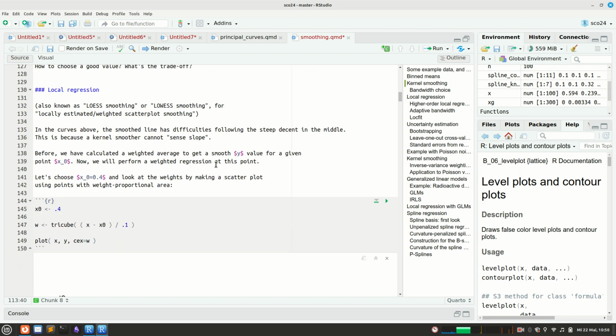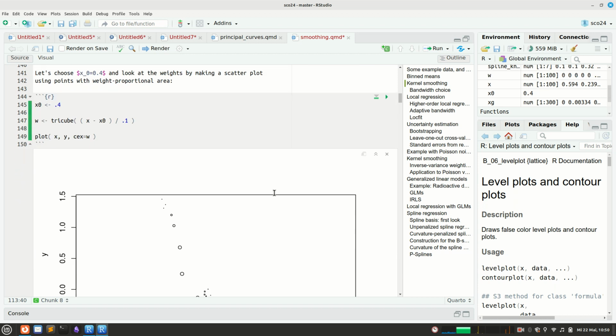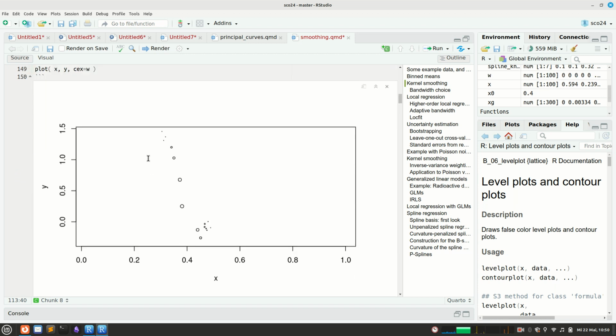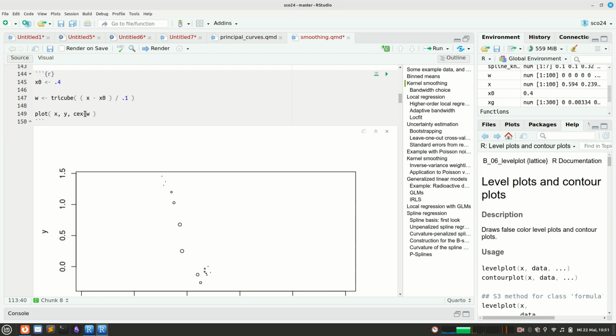The next way to do local regression is the following. Let's have a look at this here, which is again our data points, and I put my x0 here somewhere at 0.35. What I've now done here is draw the points by the weight. As you can see, the size of the points, given by the cex parameter, is the tricube weight.